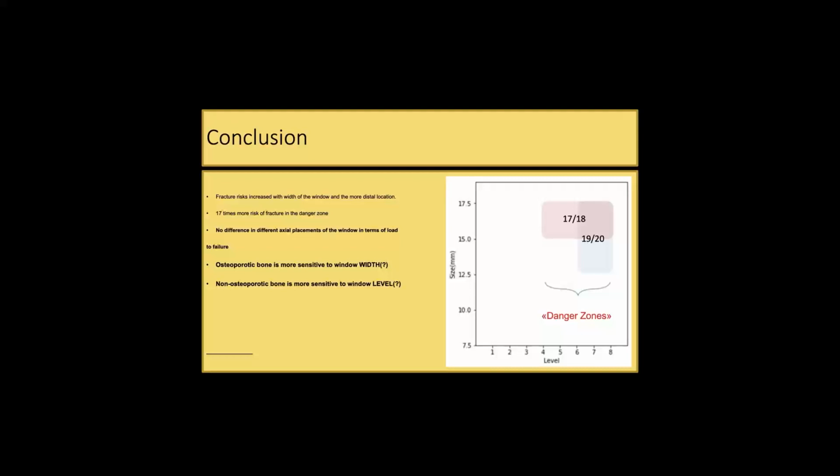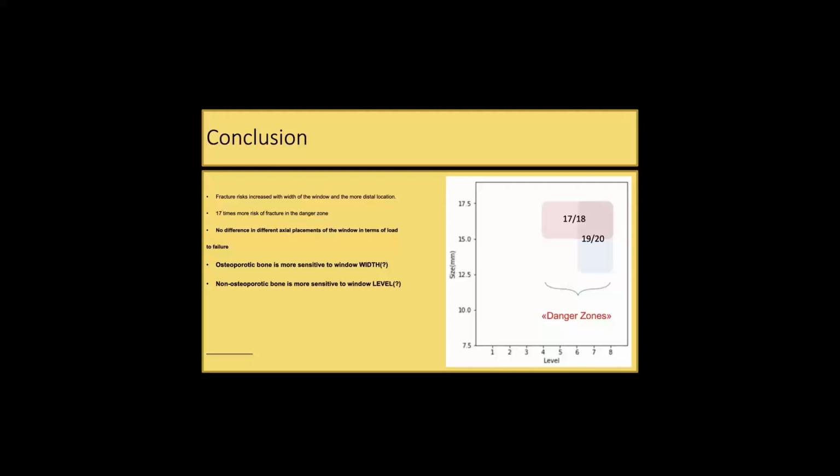However, as you can see, the most important result of our study was that the osteoporotic bone, the red triangle, pink triangle you can say, seems to be more sensitive to the width of the window. However, the non-osteoporotic bone represented by the blue triangle seems to be sensitive to the window level.